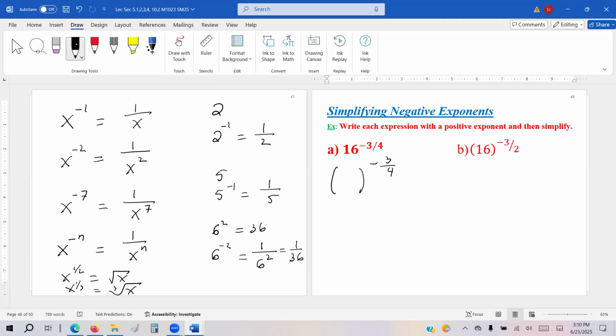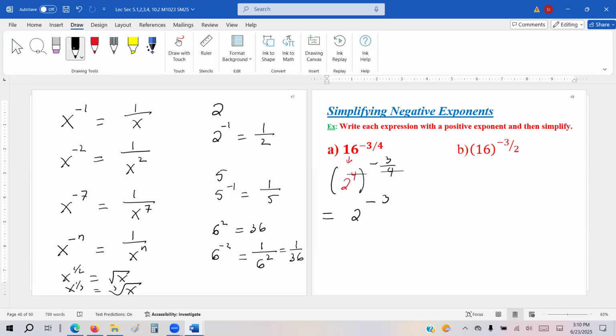So can you think of a number that if you multiply 4 times, turns into 16? 2. So this 16 is 2 to the 4th. And then what happens? The 4s cancel out. What remains? 2 to the negative 3.